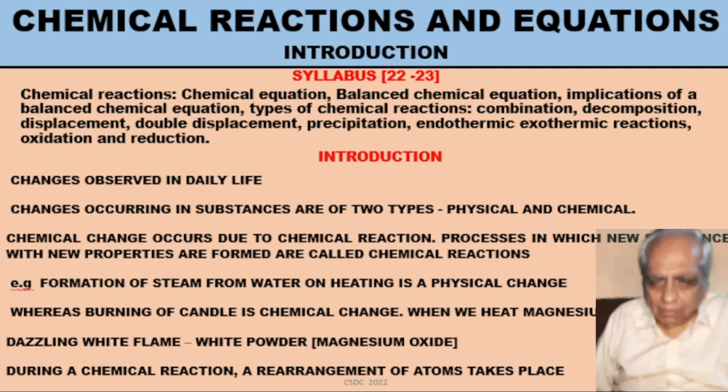So this is a chemical change. The food that we eat in the stomach, various chemical reactions take place and the food gets digested. It becomes liquid form, which then gets absorbed in the intestine and goes in the blood, and fibrous material comes out. So it is a chemical change.